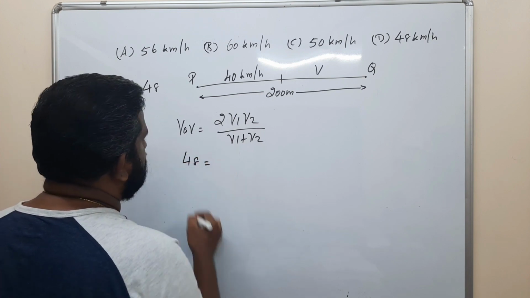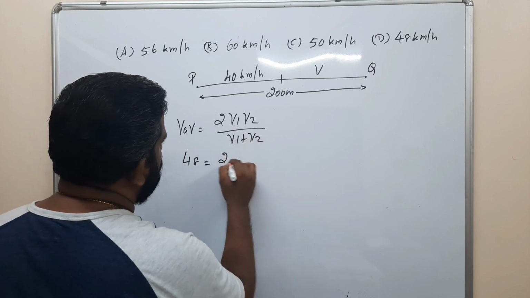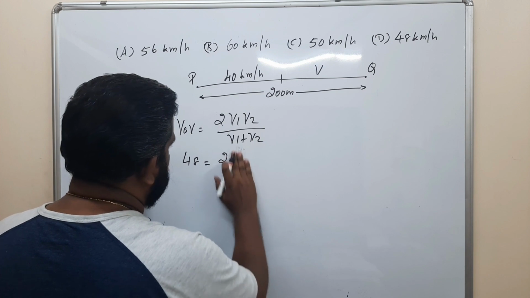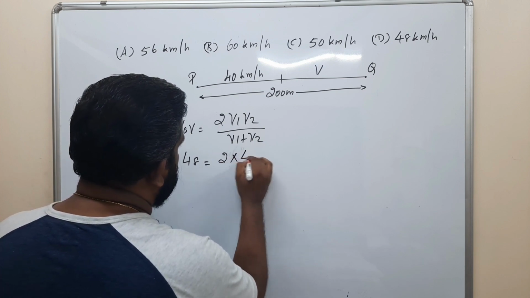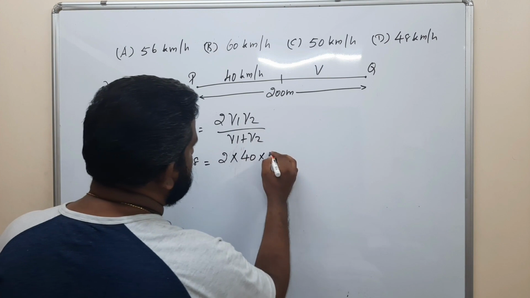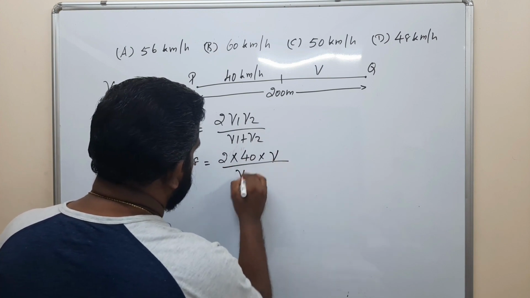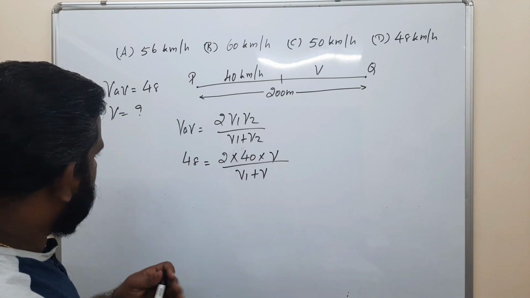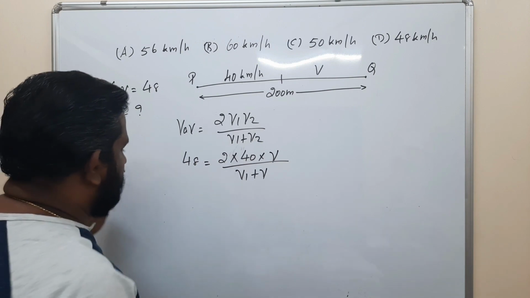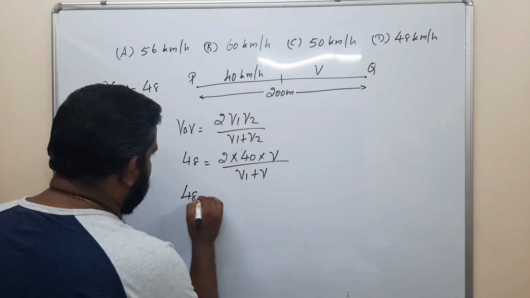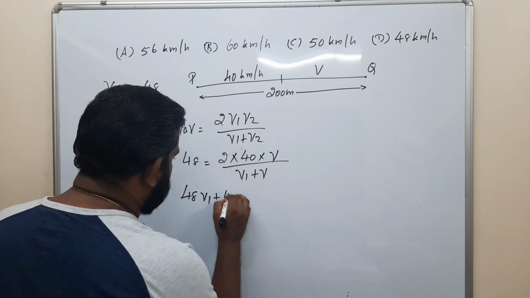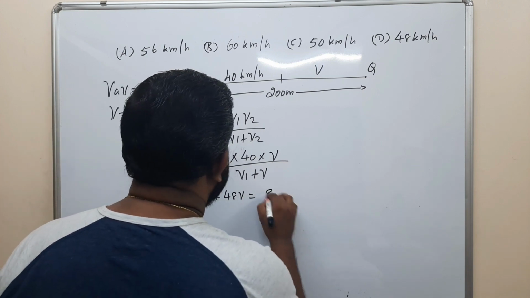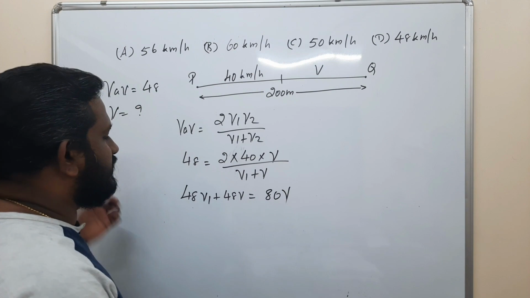So 48 is equal to 2 into v1, that is 40, into v2, that is v, divided by v1 plus v. So cross multiply, that is 48 v1 plus 48 v is equal to 80 v.